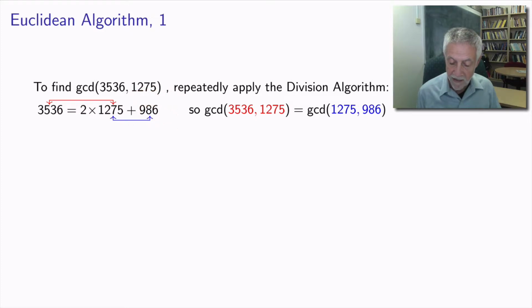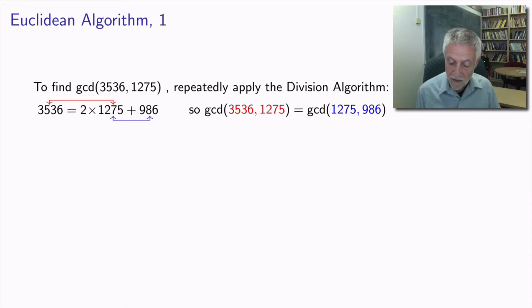Now what I claim is that any common divisor of 3536 and 1275 will also be a common divisor of 1275 and 986, and conversely. Suppose I have a number that divides both 3536 and 1275.